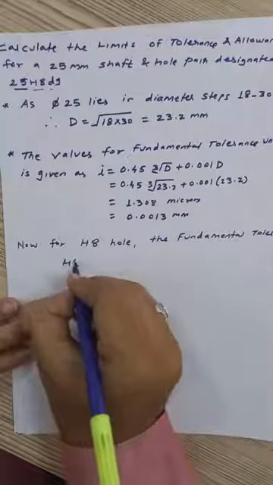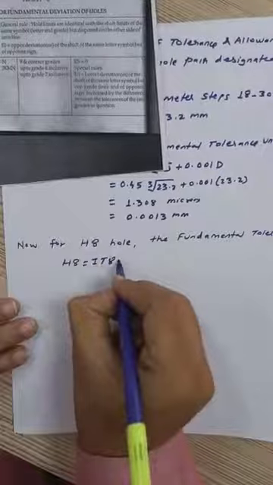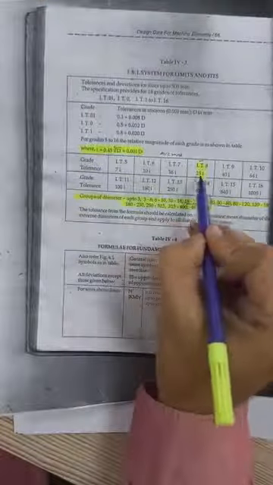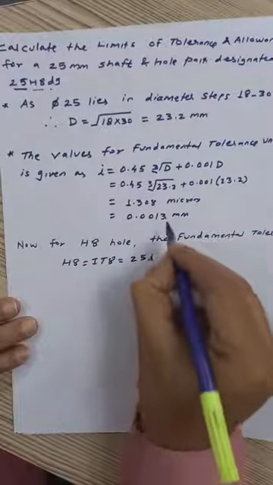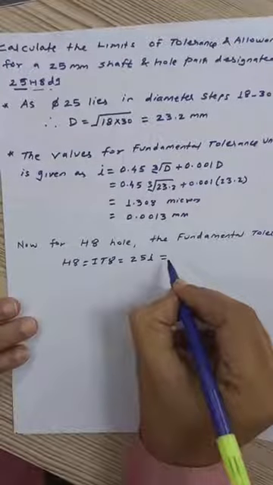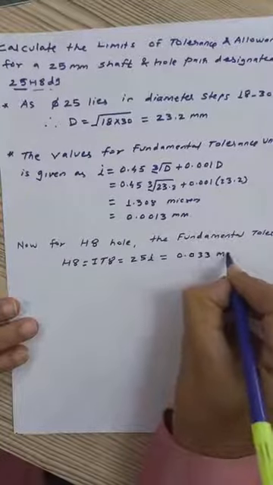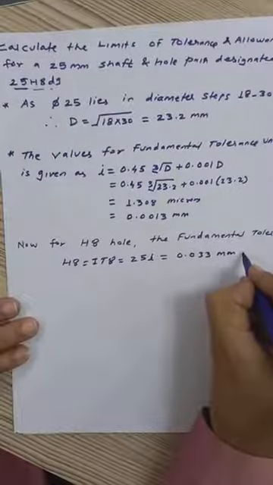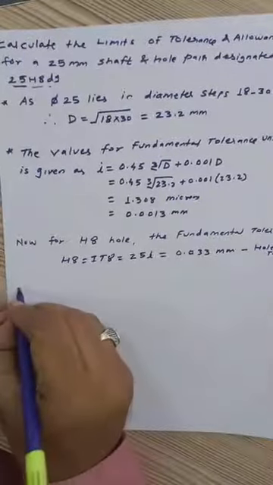For H8 type of hole, it comes to be IT8, so from this table IT8 is 25i. We know the value of i, and it comes to be 0.033 mm. This is the tolerance for the hole.